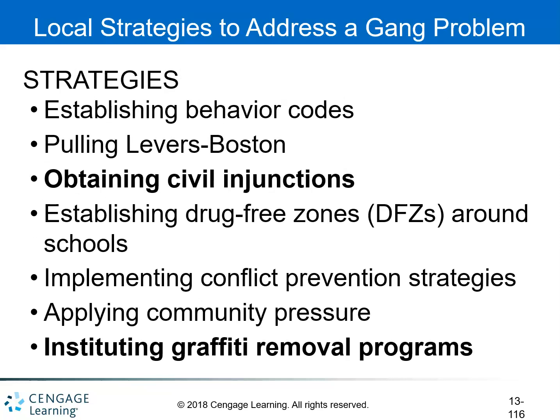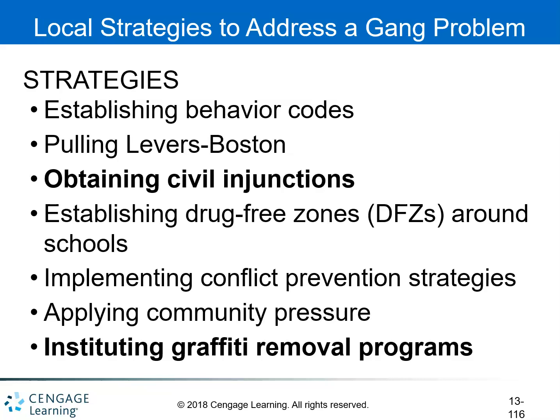Again, some other strategies, some more local strategies, would be establishing things like behavior codes, or establishing drug-free zones, implementing conflict prevention strategies or community pressure. The two that I have in bold are really important. One is obtaining a civil injunction. Remember I talked about that gang injunction?